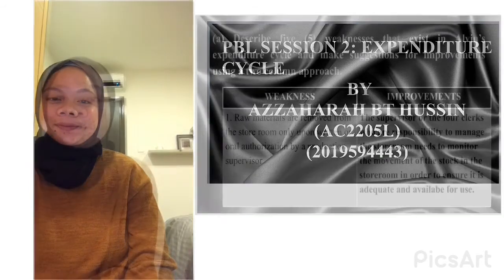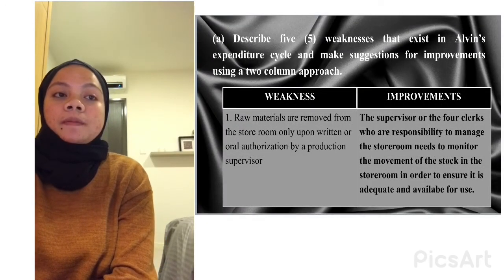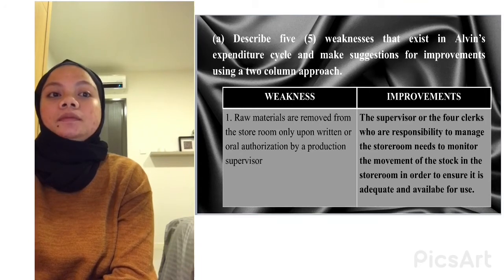I'm the one responsible to present the PBL session 2 for the expenditure cycle. So, let's move on to the first question, which is: describe 5 weaknesses that exist in Alvin's expenditure cycle and make suggestions for improvement using the two-column approach.